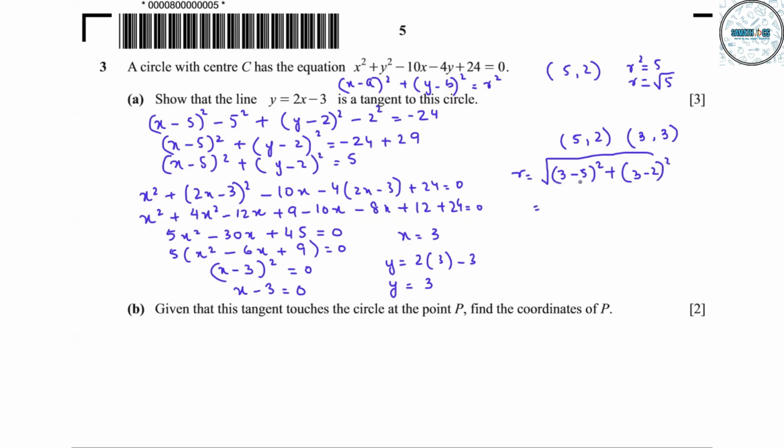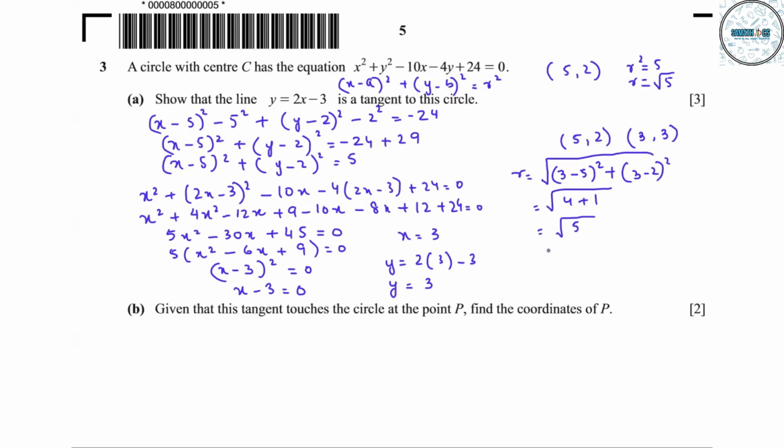So we have here 3 minus 5 is minus 2, whole square is 4. So it is 4. 3 minus 2 is 1. 1 square is 1. So the radius here is under root 5. And by converting this equation into this form, we have got the radius as under root 5.